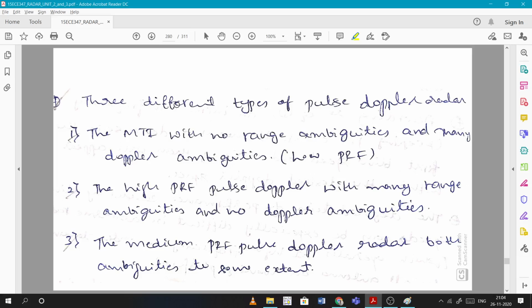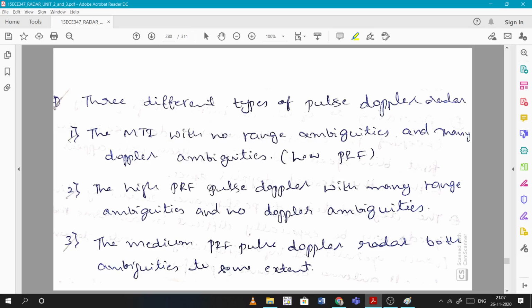The second is high PRF pulse Doppler with many range ambiguities and no Doppler ambiguities. That is high frequency, high PRF. If you are using medium PRF pulse Doppler radar, then both ambiguities will be there, but only to some extent.